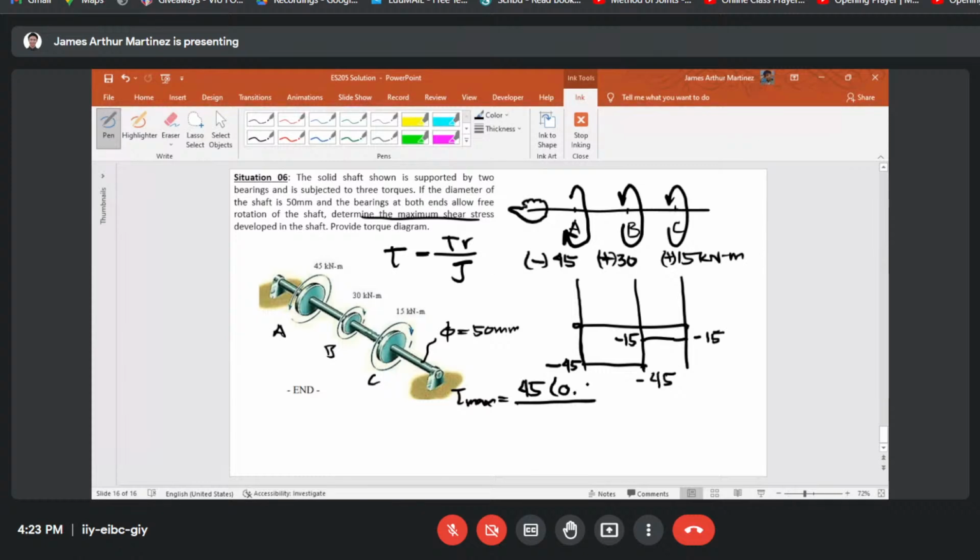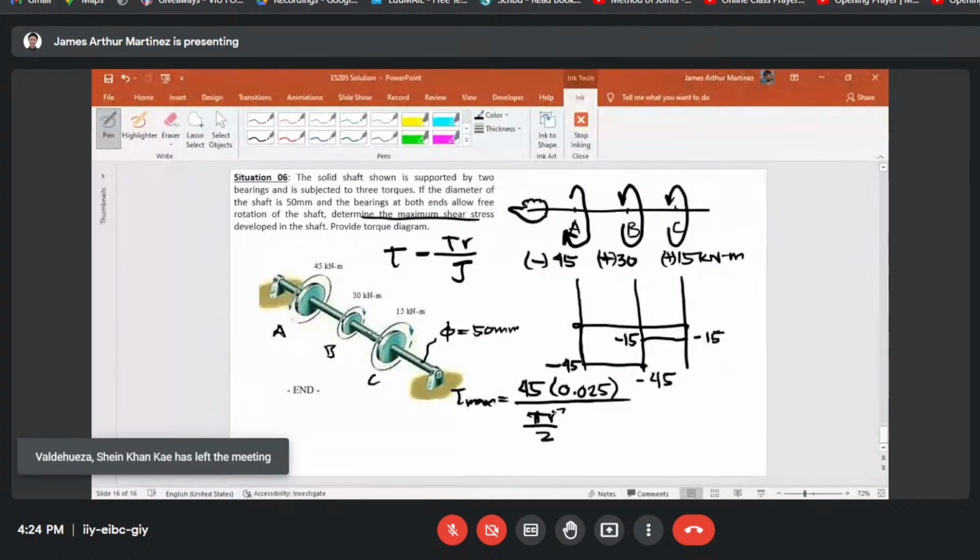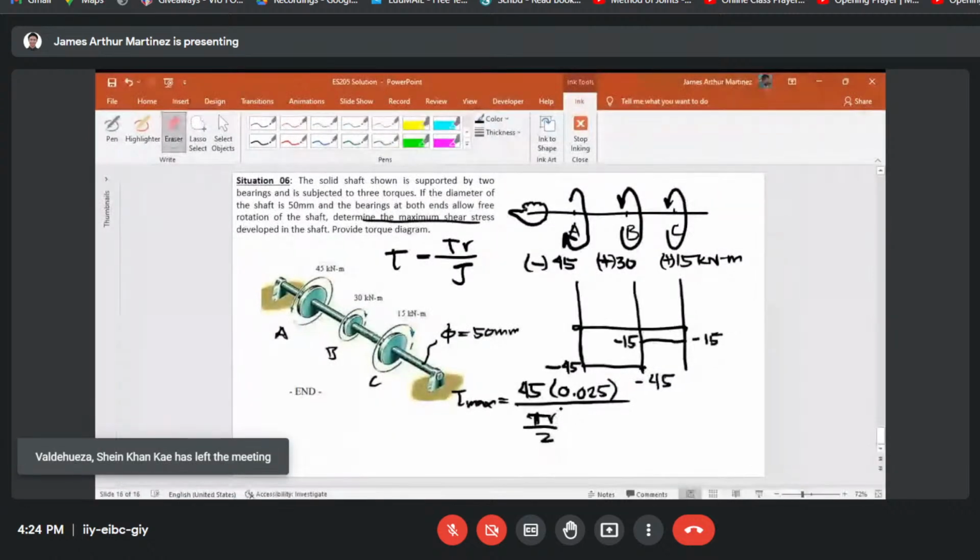So, ato lang siyang i-divide by 2 and that would be 0.025 all over the polar moment of inertia no, of circle since circular man ang ato ang shaft. No? So, kung sa itong equation, no? So, for the polar moment of inertia of a circle, di ba, it's just pi over 2 r squared. Sorry, r raised to 4.